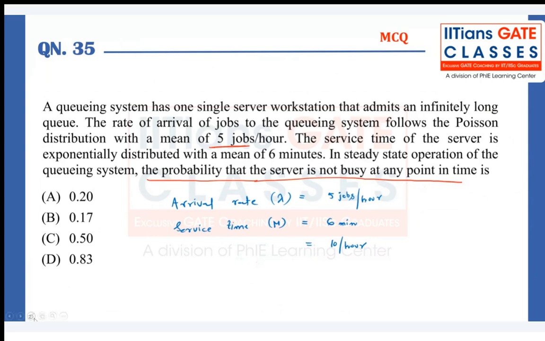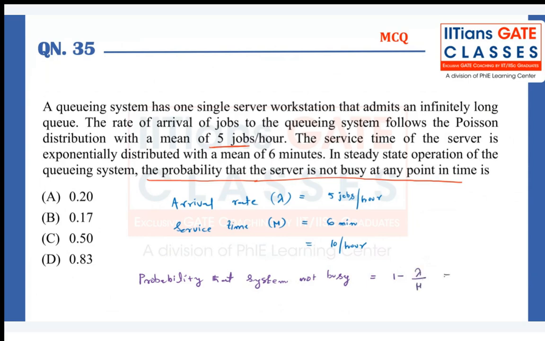Now here we have already discussed this formula. Let me write that. Probability that the system is not busy. So it is going to be 1 minus lambda by mu, right?